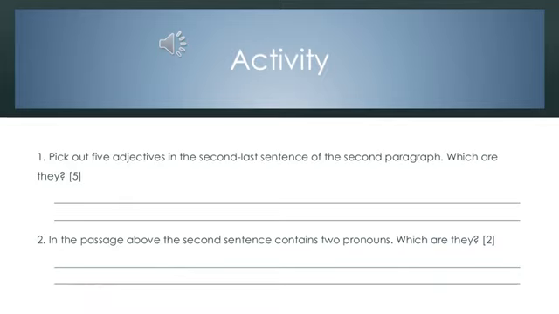Are they relative? You need to mention that. Then 2. In the passage above, the second sentence contains 2 pronouns. Which are they? Then you need to mention the pronouns that have been listed. These questions tell you where to look for the answers, so just go look in your paragraphs and you will find the answers there.